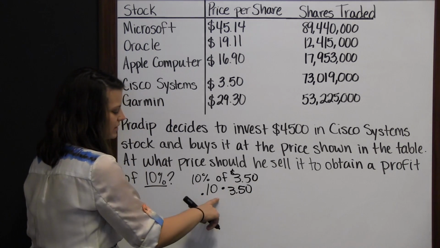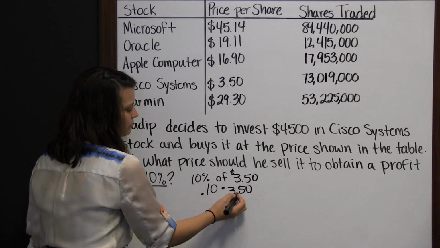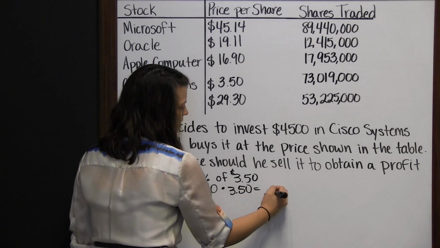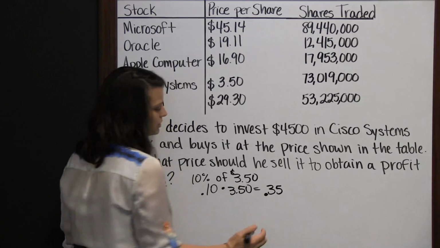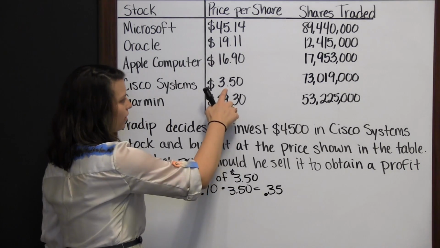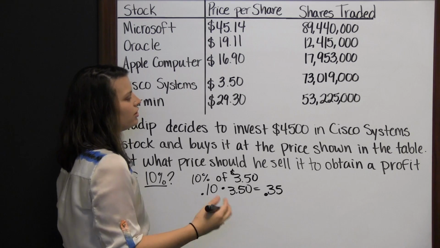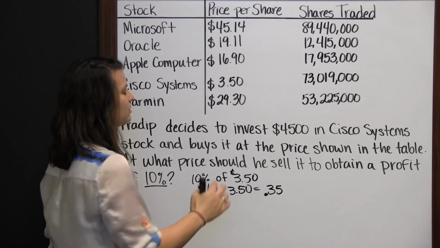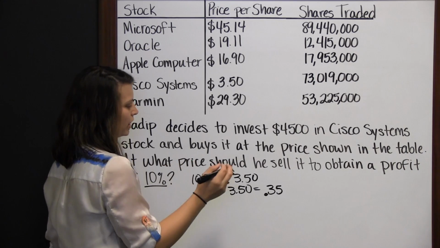And multiplying times 10 hundredths means just moving that decimal one place to the left. So that is 35 hundredths or 35 cents. So that means that his stock needs to be 35 cents higher. The price per share needs to be 35 cents greater.